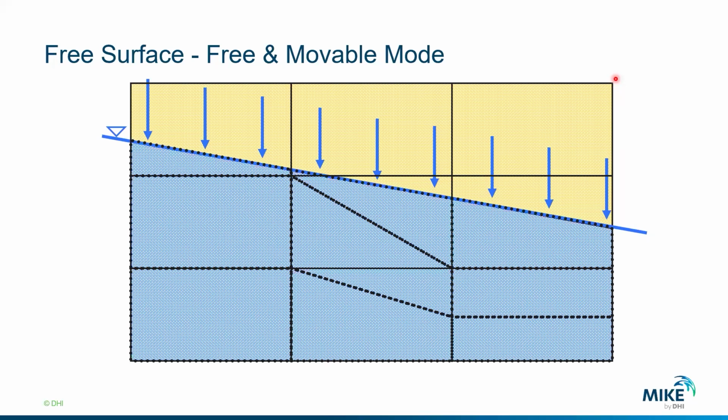In this example, I have 3 layers and 4 slices. Here we can see the 4 slices. The 4 slices will depend on the location of the phreatic surface, the water table. The assumption to solve the problem is that slice number 1, the uppermost slice, is exactly the location of the phreatic level.